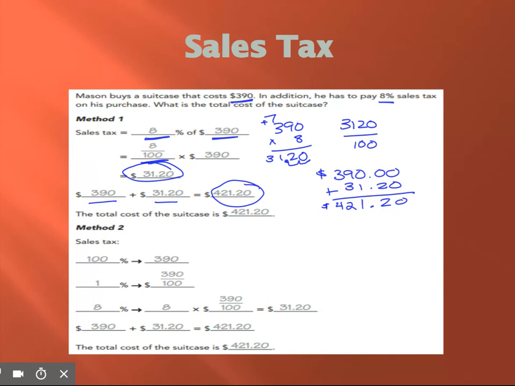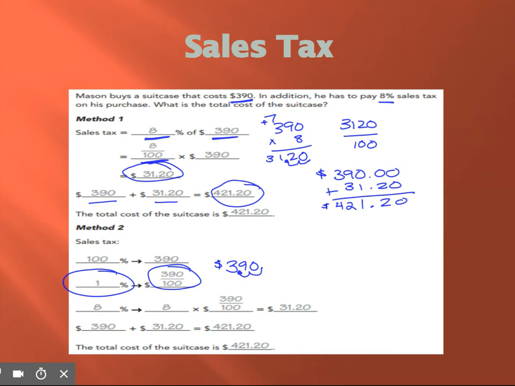Or you can use method 2. Method 2 is where you first find what 1% is. So you do that by doing division of the cost, 390 divided by 100. Again, I would just write 390, take my decimal and move it over 2 places because I'm dividing by 100, and I get $3.90.